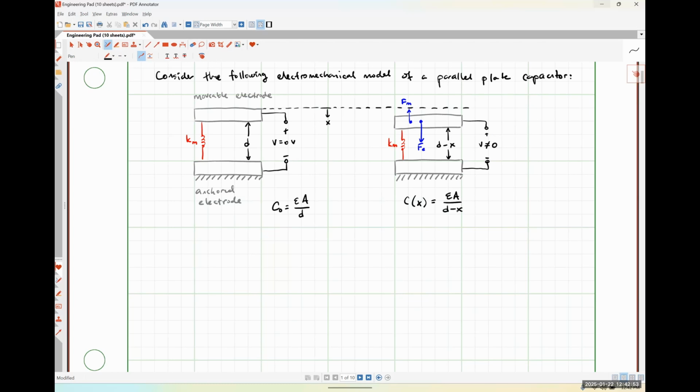So our permittivity didn't change. Our cross-sectional area of our plates didn't change. The only thing that changed was the distance between those plates. So that is what our capacitance is dependent upon. Are we all relatively okay with that? All right, so the energy stored by a capacitor, let me write this down.